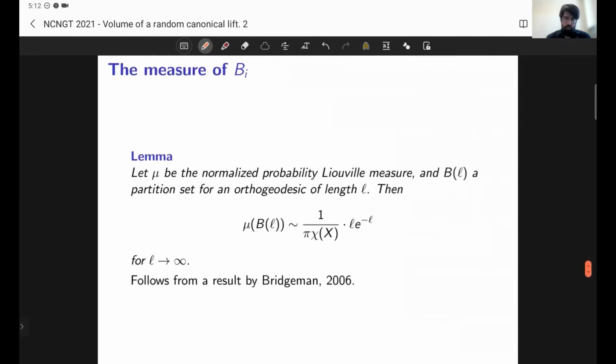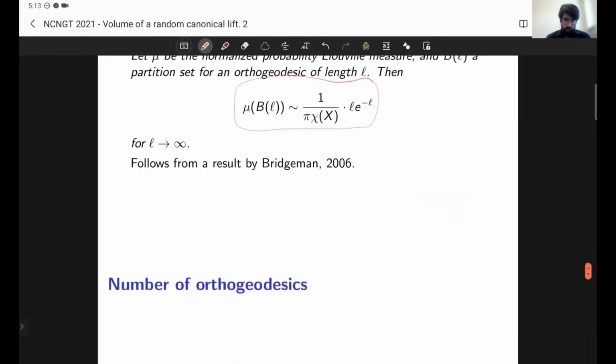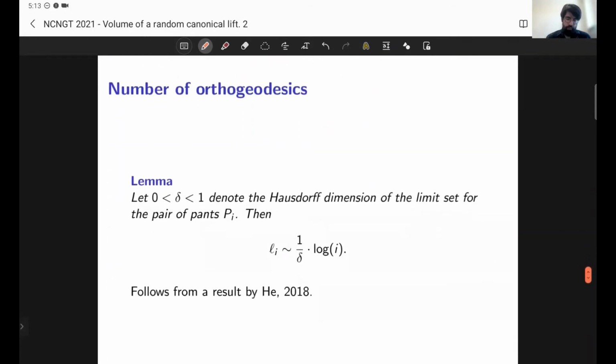Using this parameterization, we can compute the Liouville measure of this set V_i, and we can give an explicit asymptotic formula. This uses some results by Bridgeman. Moreover, we can also relate the length of the ith orthogeodesic to its order.